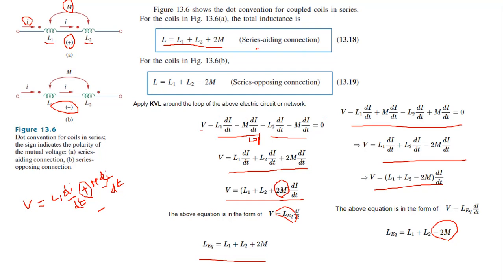Remember, in series aiding connection, dots are placed at the same end of the terminal, and in series opposing connection, dots are placed at the opposite ends.